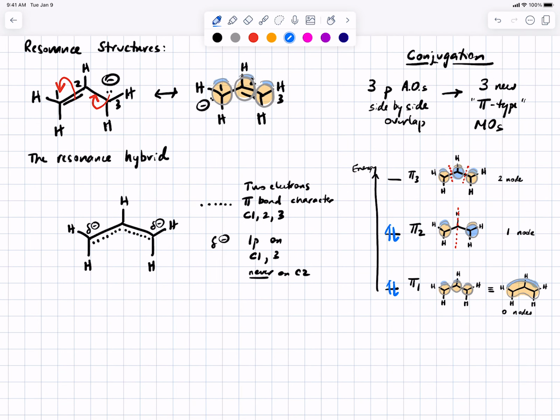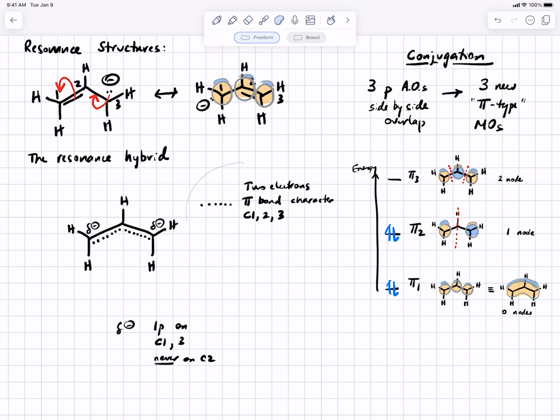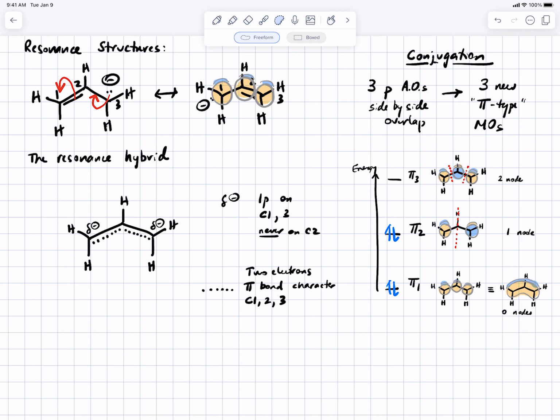Now, here's the really cool thing. Maybe I need to rearrange the order. Pi 1 corresponds to those electrons from the resonance structure. See that dotted line that's spread across carbons 1, 2, and 3? That's these electrons in the pi 1 orbital that are spread across carbons 1, 2, and 3.